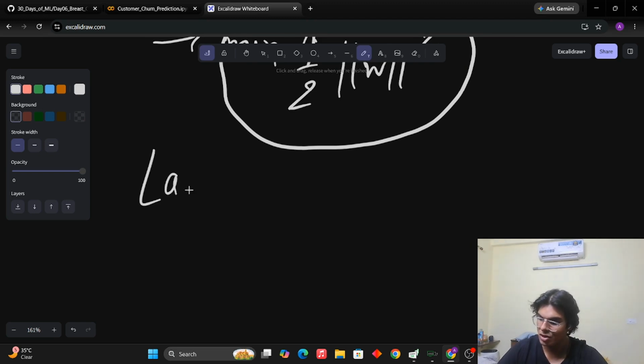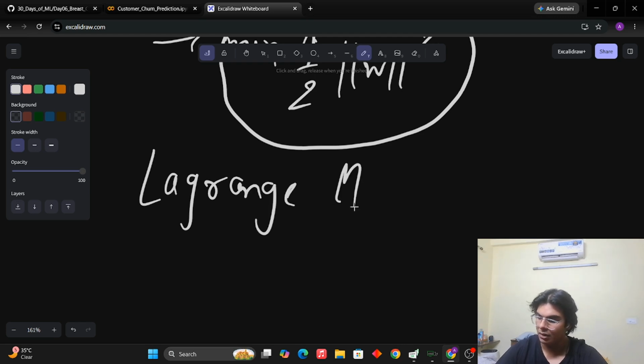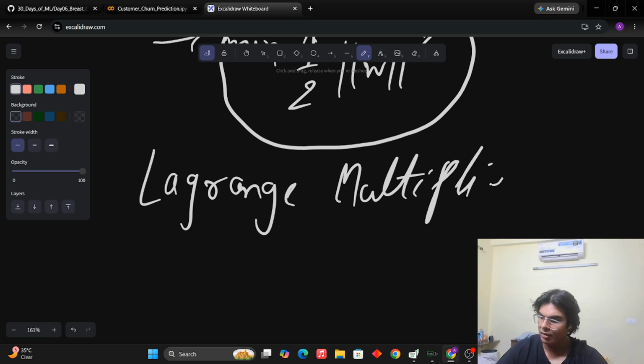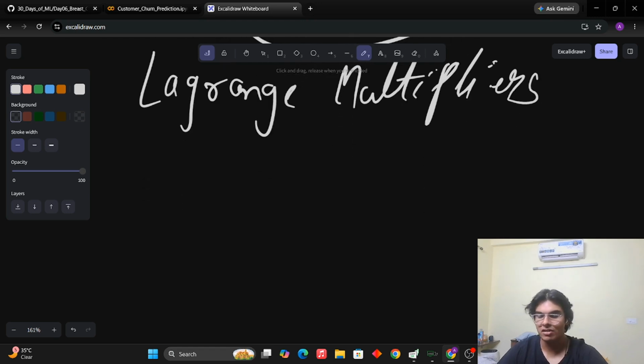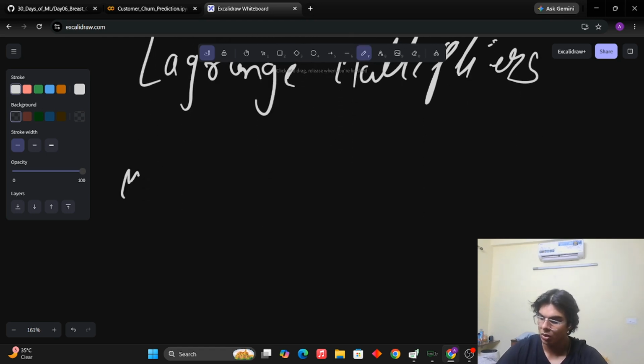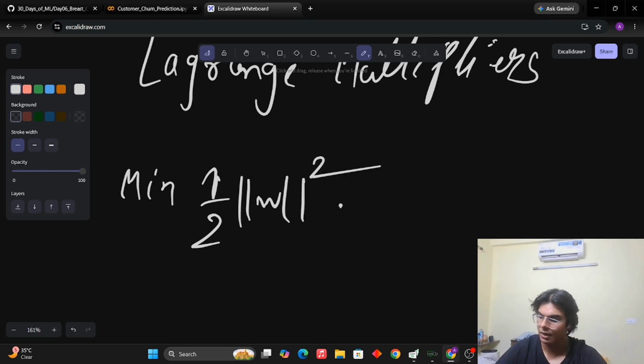It is using Lagrange multipliers. If you have studied the concept, you can use it, but this will go beyond and we don't need it. But after solving it, we basically get our result. And our optimization problem is to minimize half mod w squared with respect to this constraint right here.